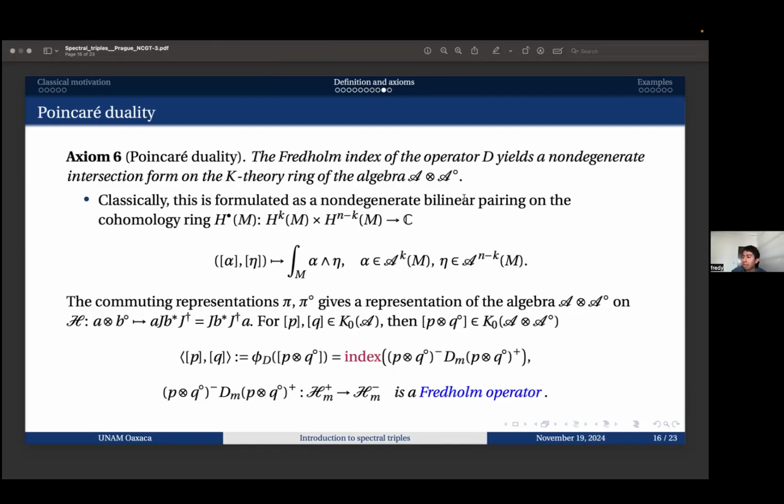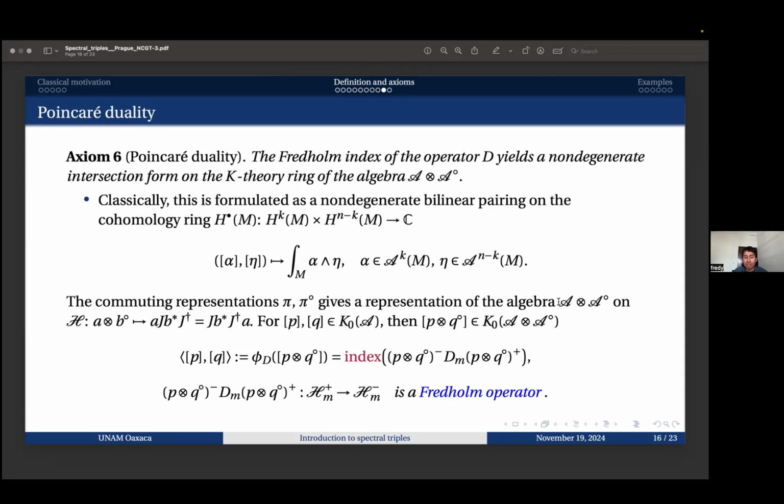In this case, we can define a K-theory in the same way we do for the C-star algebras, but for Frechet pre-C-star algebras. The construction is the same, though there are many subtleties in the definition.